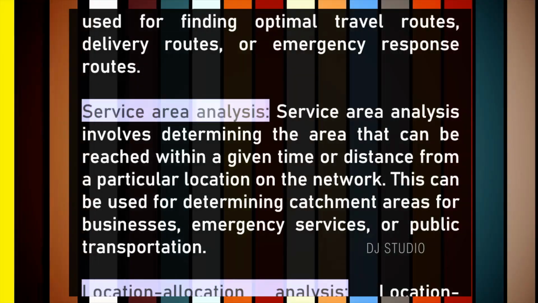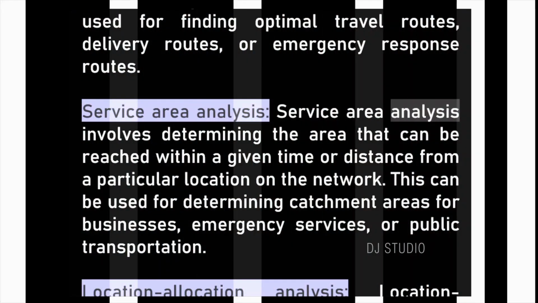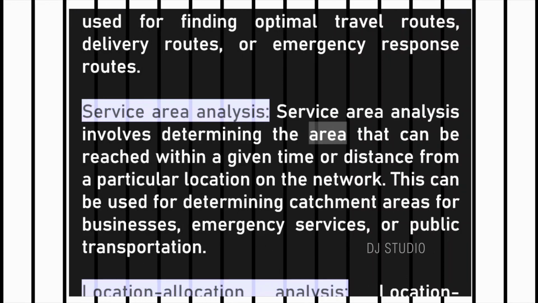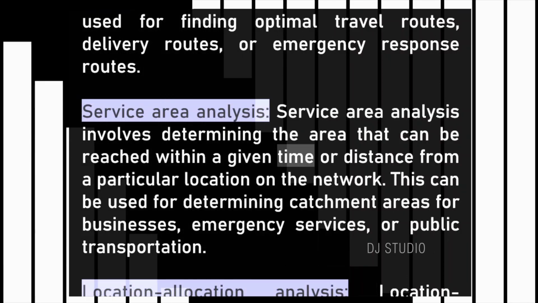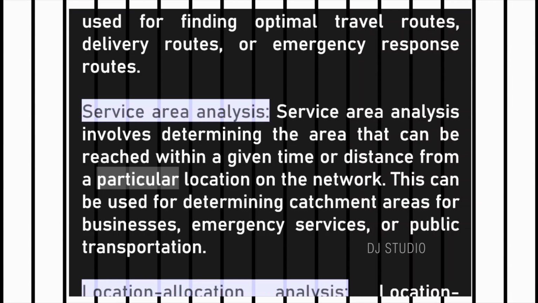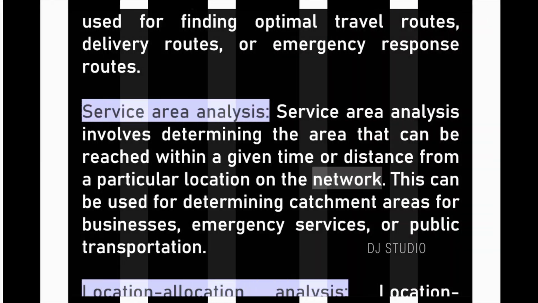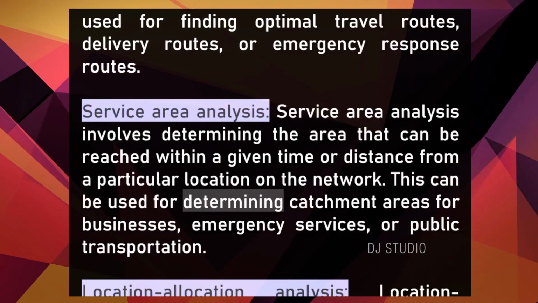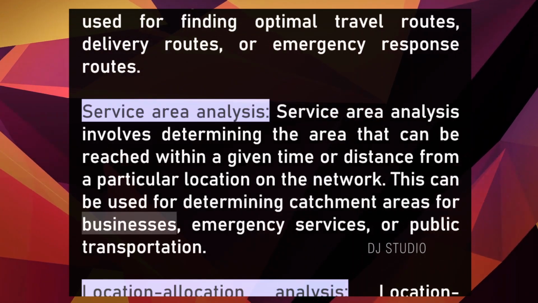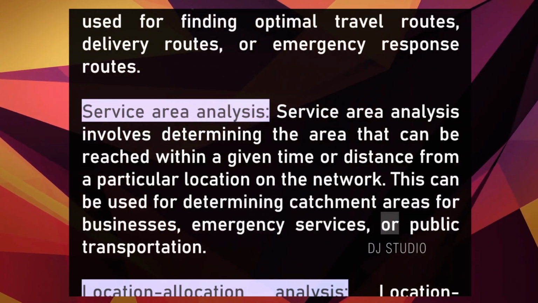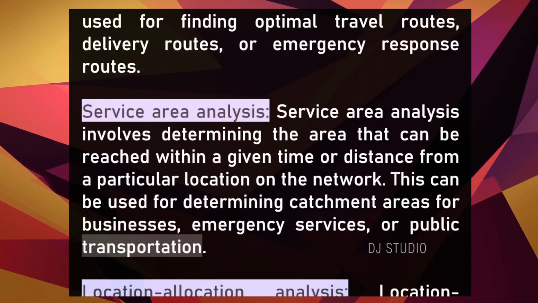Service area analysis. Service area analysis involves determining the area that can be reached within a given time or distance from a particular location on the network. This can be used for determining catchment areas for businesses, emergency services, or public transportation.